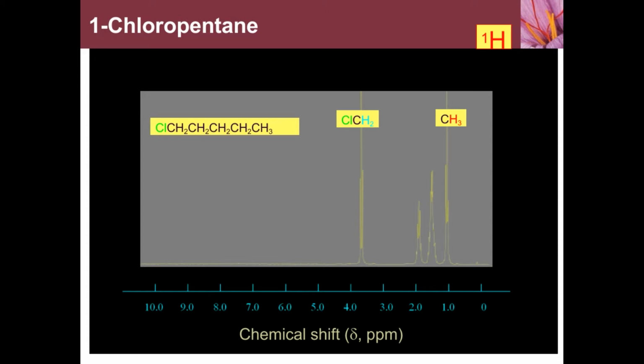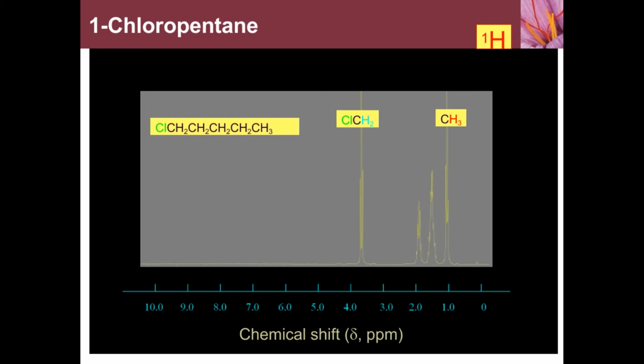The carbon marked with number 5, that is CH3, is a shielded proton and appears at about 1.0 delta, a triplet, because of the very close CH2 group.